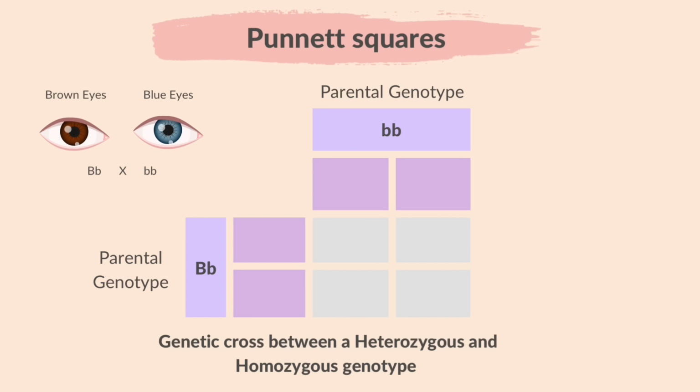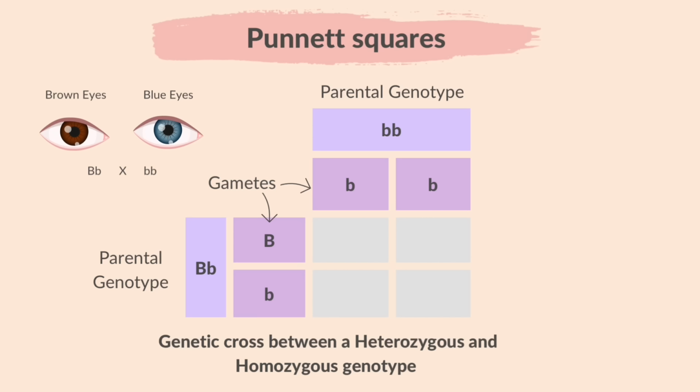And the genotype of the blue-eyed parent will be small b, small b. The gametes will be capital B and small b for the heterozygous brown-eyed parent. And for the pure breeding blue-eyed parent, it will be small b and small b.